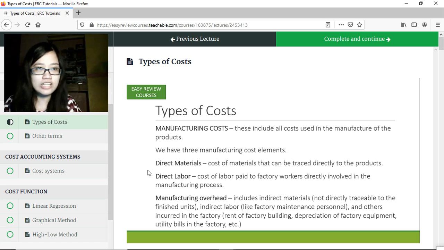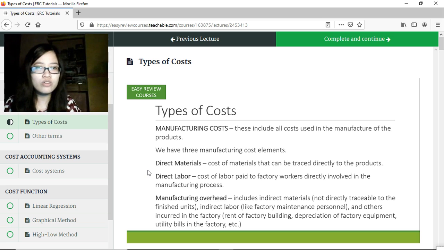Ito naman yung mga indirect materials, not directly traceable dito sa ating product. And then yung mga indirect labor natin, like factory maintenance personnel and others incurred in the factory, kagaya ng rent ng factory building, depreciation ng factory equipment, utility bills na ginamit sa factory. Okay?